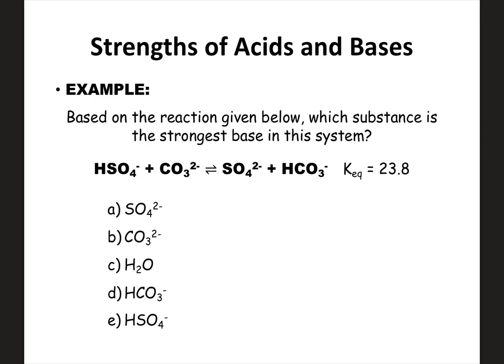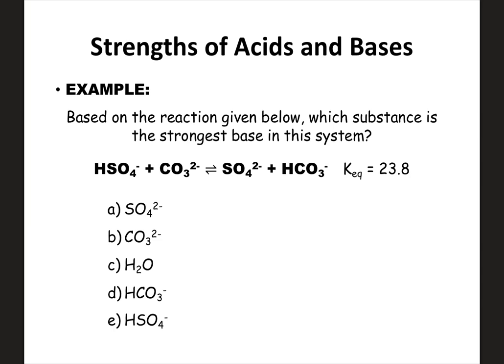So if the products are favored according to Keq, that must mean the weaker acid and base are on the product side. Well, this question says, which substance is the strongest base? So if the product side is favored and the weaker are favored at equilibrium, that must mean the strong is coming from the reactant side or the left side here. But we want the strongest base.